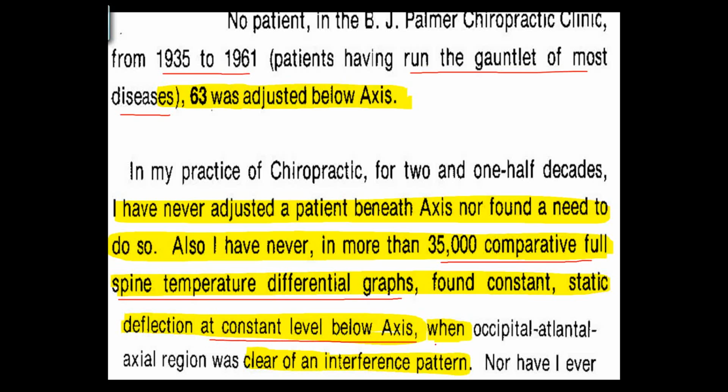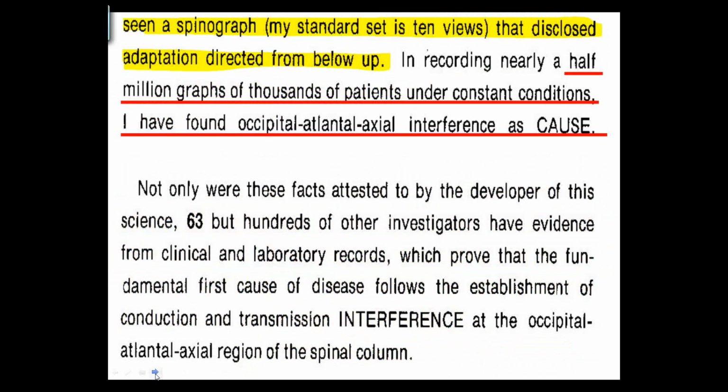So he didn't find the persistent, consistent pattern below axis. So when the upper cervical area remained clear, then he was not seeing any consistent interference below C2. 500,000 graphs were taken in the occipital and atlantal axial region, and this is where he found the consistent, constant pattern that he believed would be the cause of dis-ease and then the cause of diseases to follow.